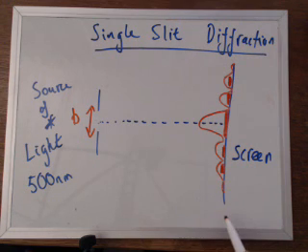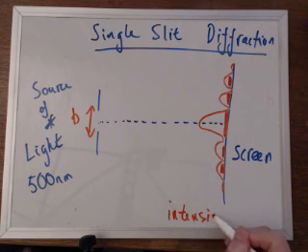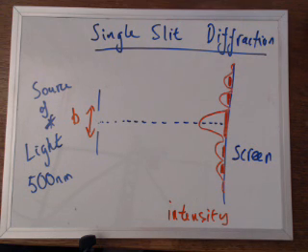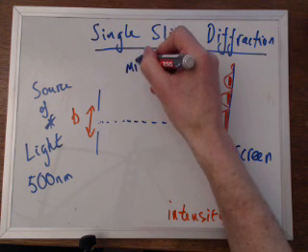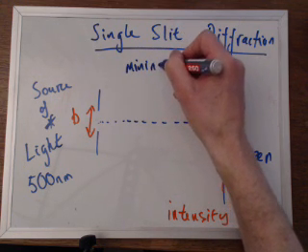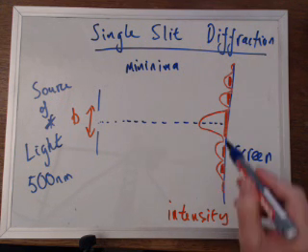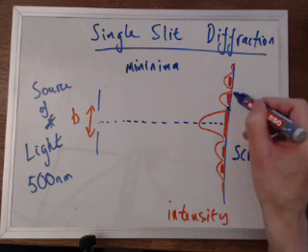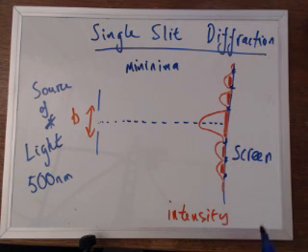So that represents the intensity, how bright it is. Now, what you will find is that where the minima are, minima is plural, minimum, you'll find that there and there, there and there and there, these appear dark.